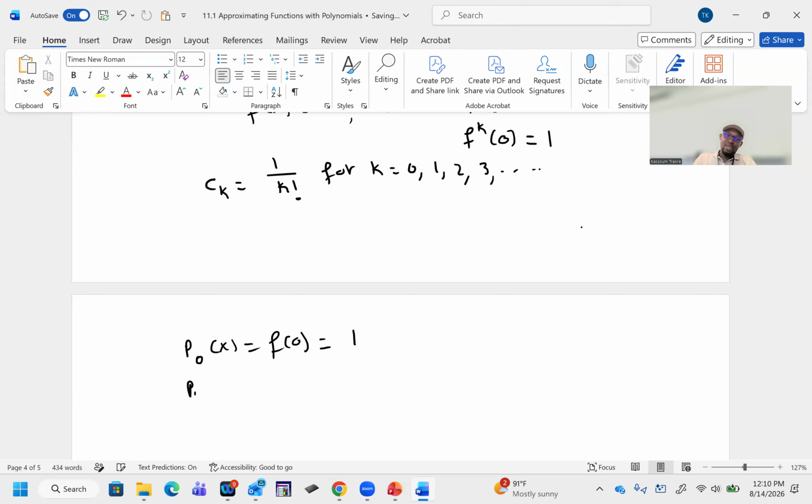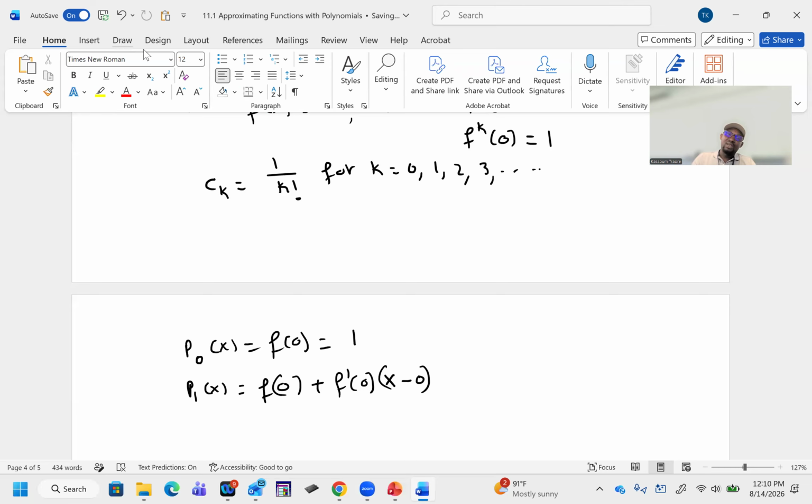P sub 1 of x will be f of 0 plus f prime of 0 times x minus 0. Don't forget, it's x minus 0 because the center is 0. If the center is not 0, you always write it down, okay?